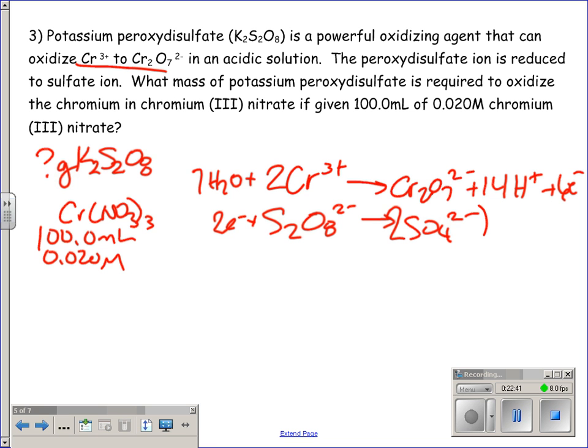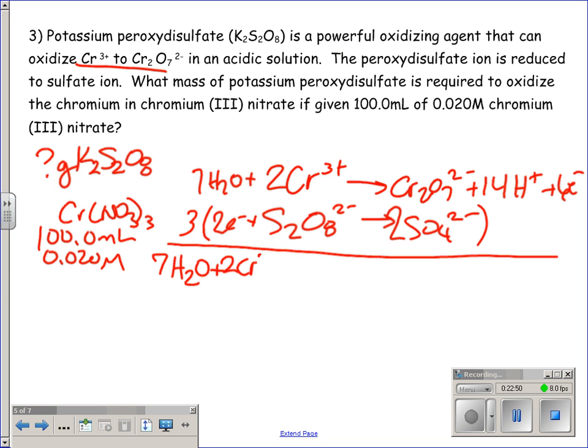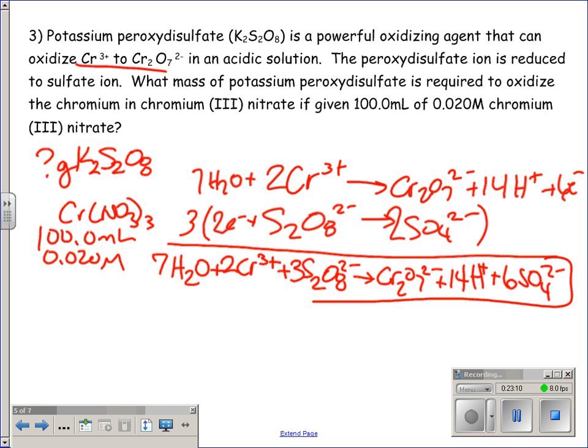You can just multiply the bottom one by 3. So our final answer is 7 waters, 2 chromium-3s, 3 peroxydisulfates, yielding dichromate, 14 H pluses, and 6 sulfates. Okay. Check. Where do you guys want to start now?